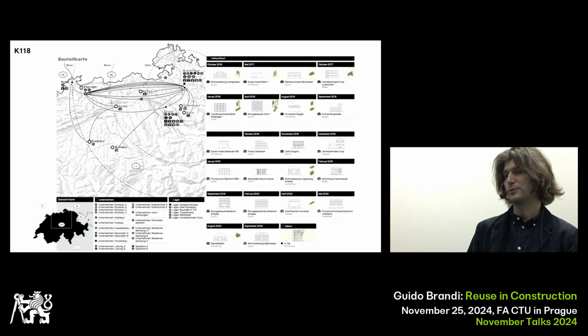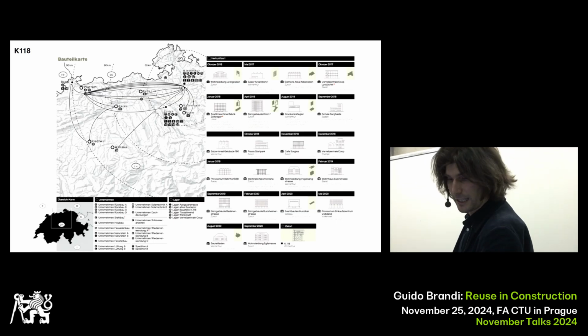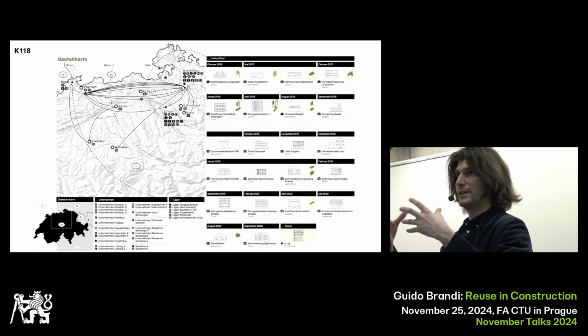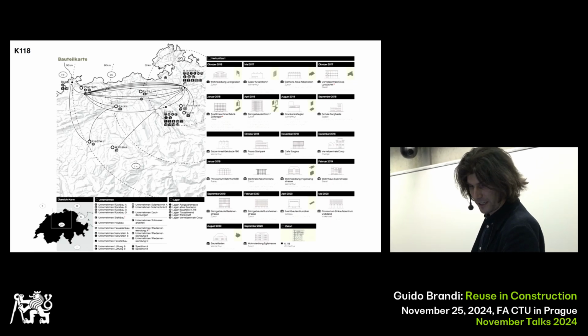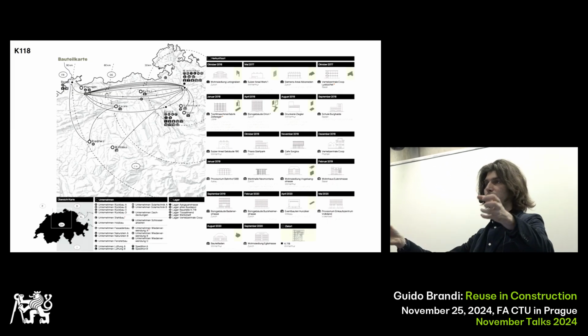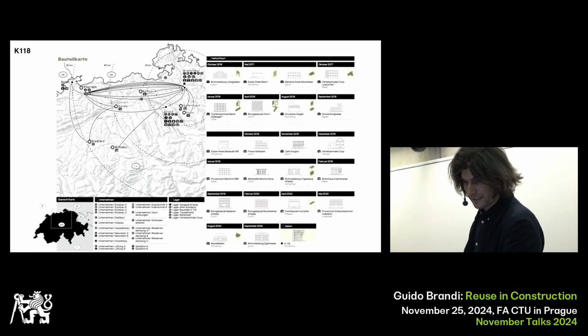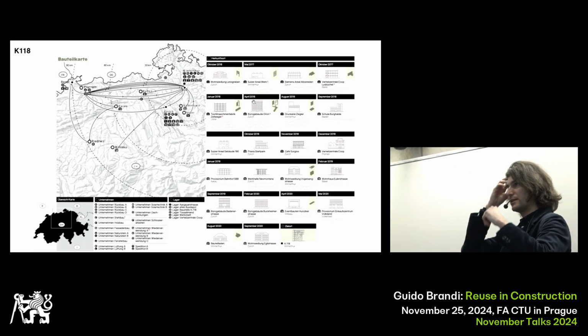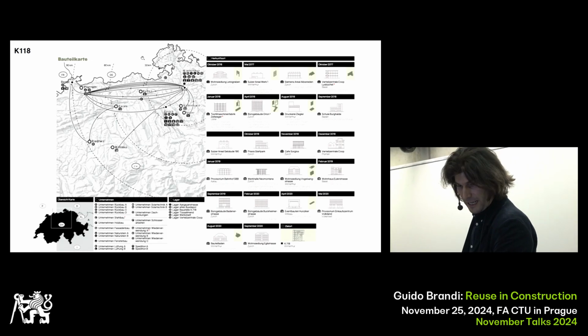This graphic shows a map of Switzerland. Here is Winterthur, so the construction site of the K118, and you can see with those lines all the demolition sites from where the elements, here they're also represented, were taken to create the new K118. And you see a maximum radius of 90 kilometers.